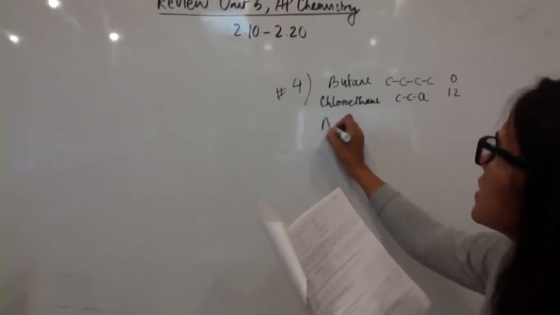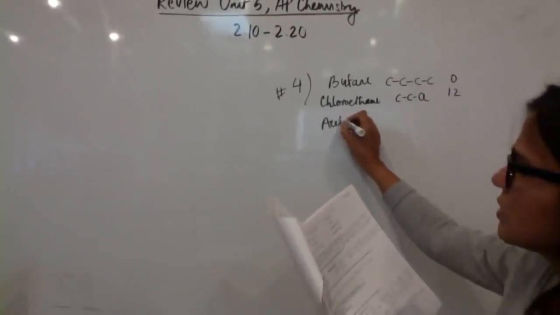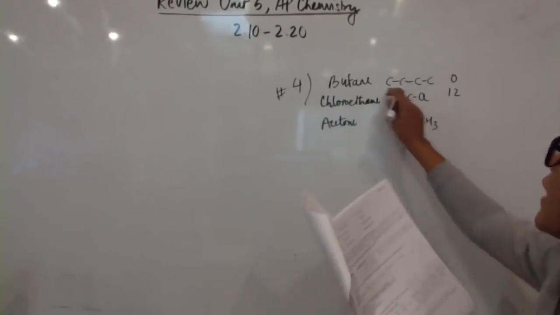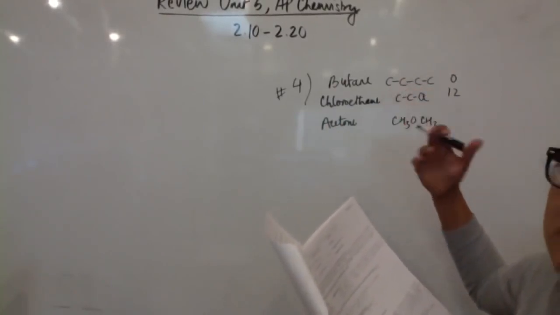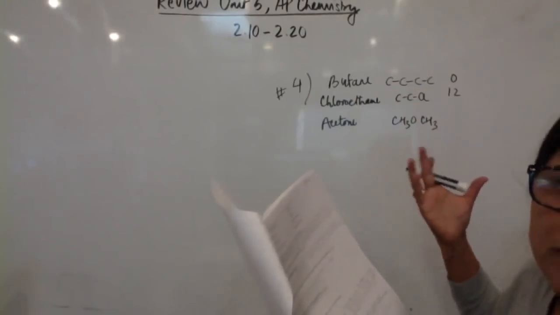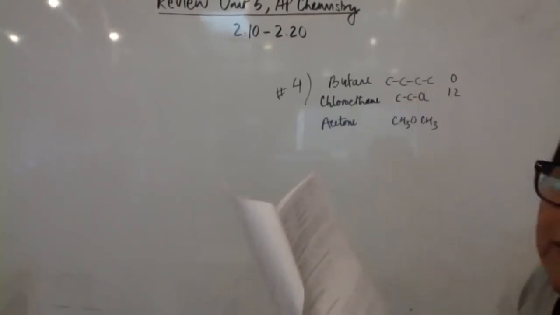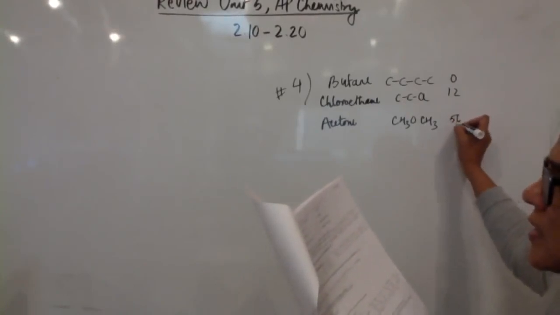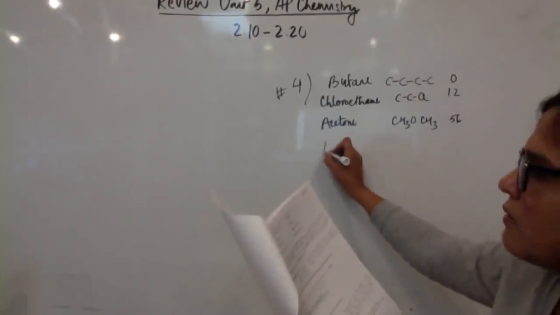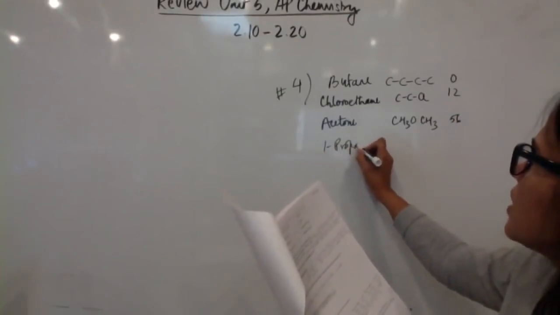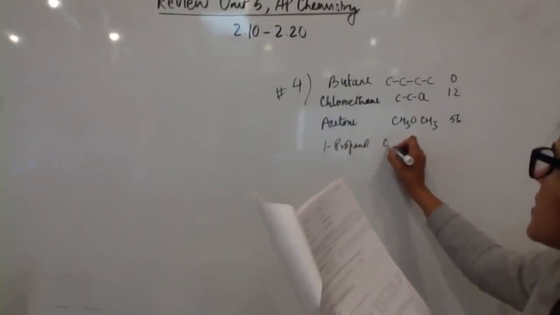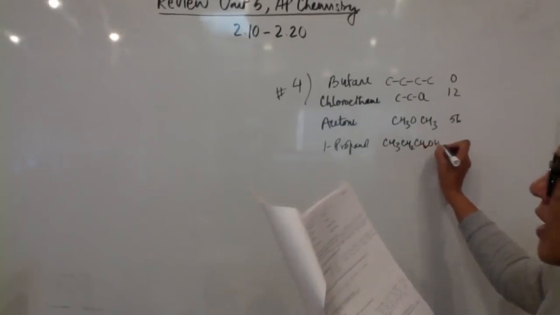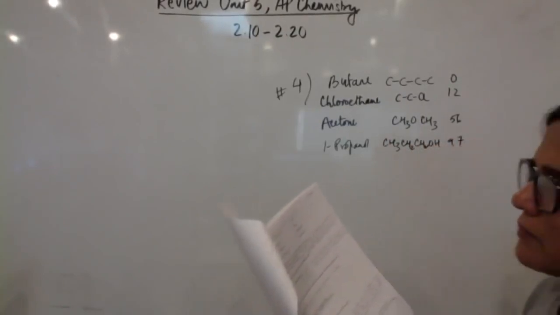Then there is acetone, CH3COCH3. I'm not filling in hydrogens here, you know, for each carbon there should be 4 valencies. So whatever is not filled by the main bonds is filled by hydrogen. And this is 56. And then you have 1-propanol, and that is CH3CH2CH2OH, and this is 97.